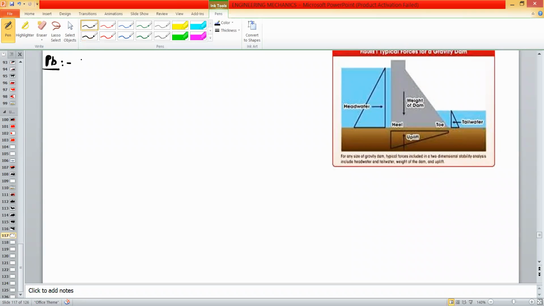So the problem statement is: a dam is subjected to three forces. One is 50 kilonewton on the upstream face AB.